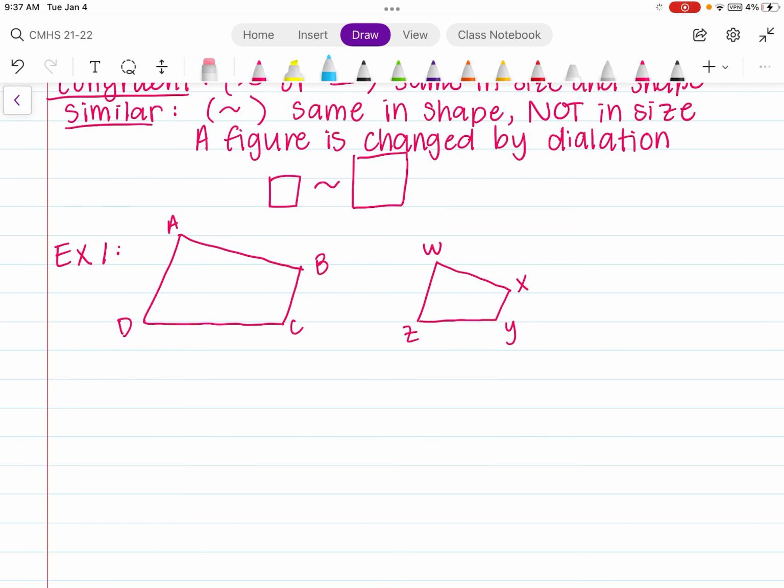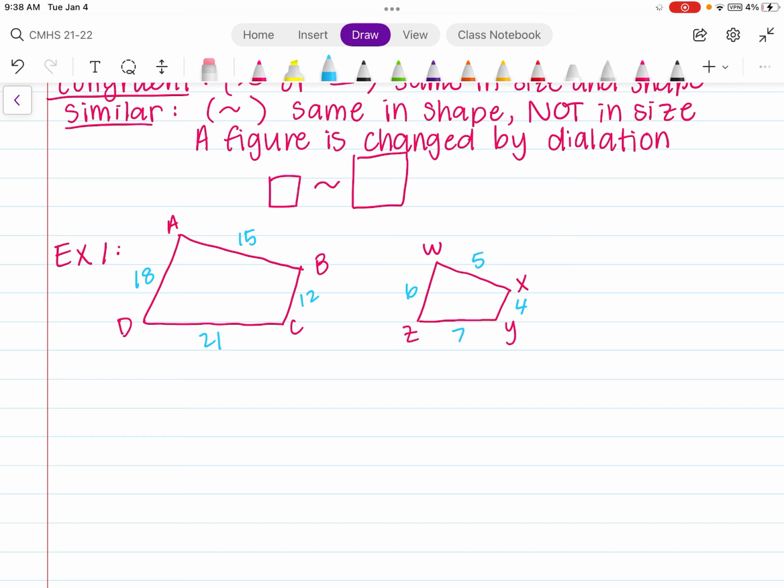So let's do the first one, the bigger one. AB is 15. BC is 12. CD is 21. And DA is 18. Then the littler one, WX is 5. XY is 4. YZ is 7. And WZ is 6.